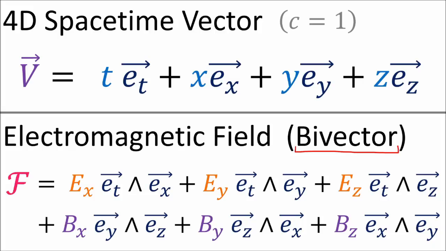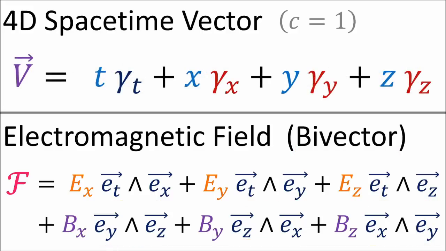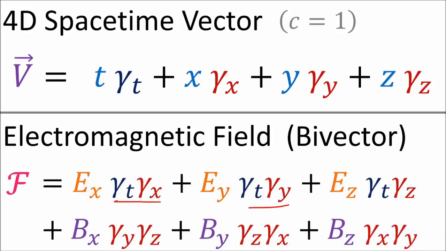In 4D spacetime, there are 6 different ways we can group pairs of basis vectors together into bivectors. I'm going to use the Clifford algebra notation from videos 11 and 12 and denote basis vectors using the gammas, and basis bivectors using pairs of gammas.